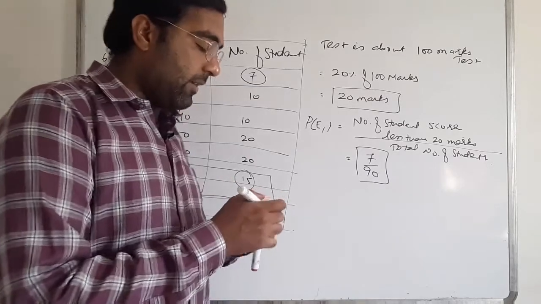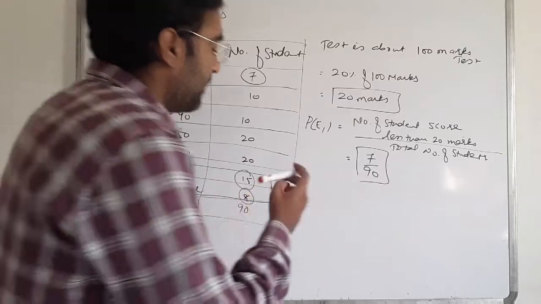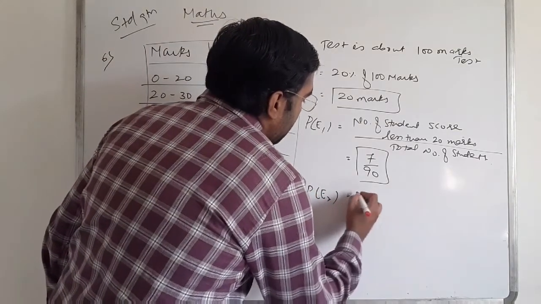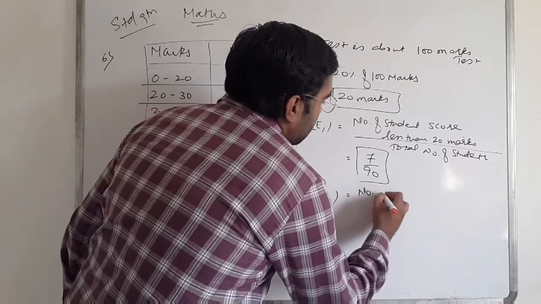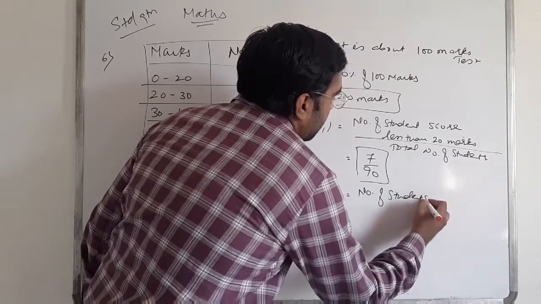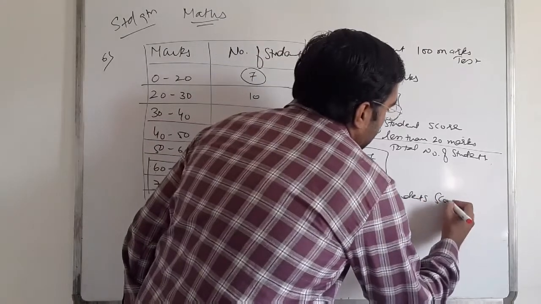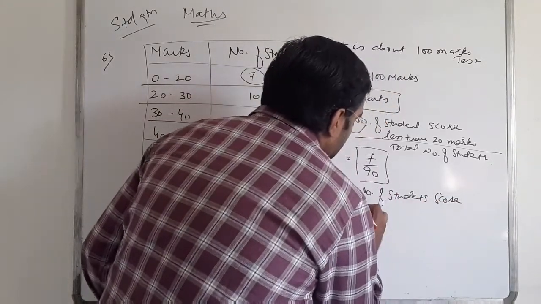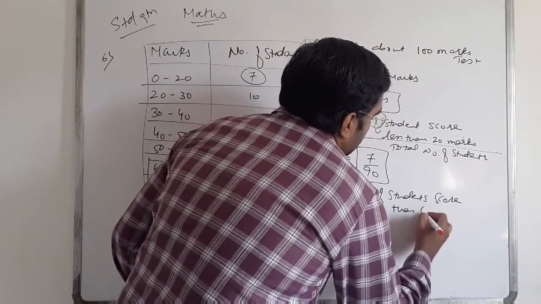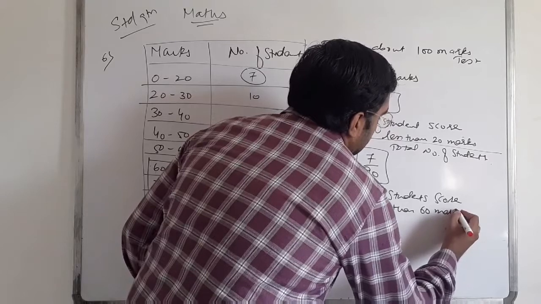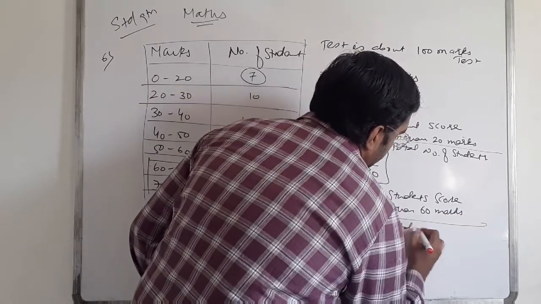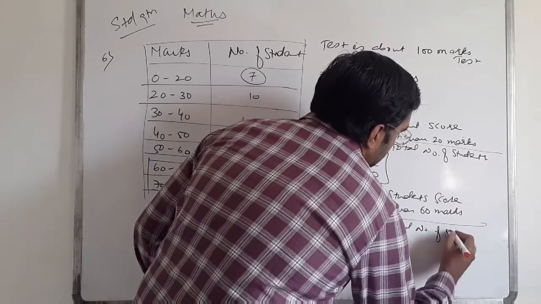So here we write P of E2, that is the number of students who score more than 60 marks upon the total number of students.